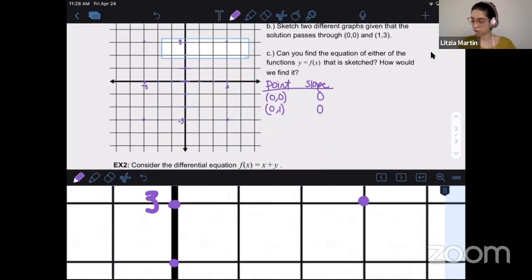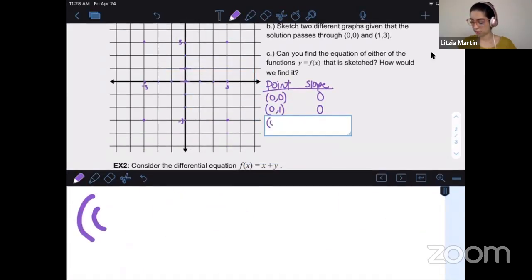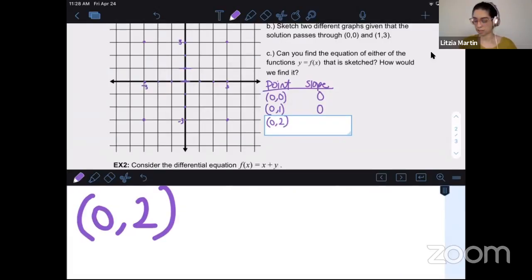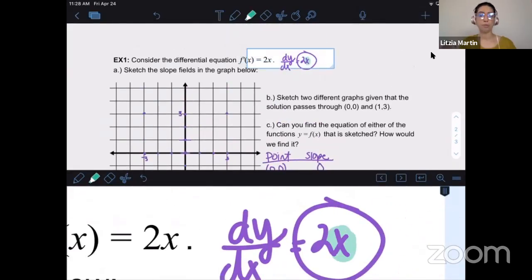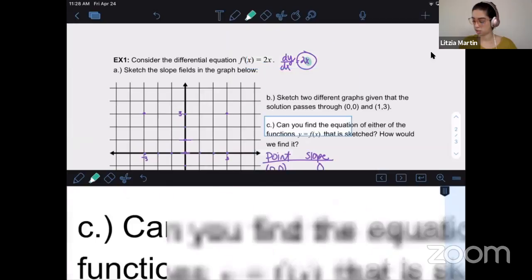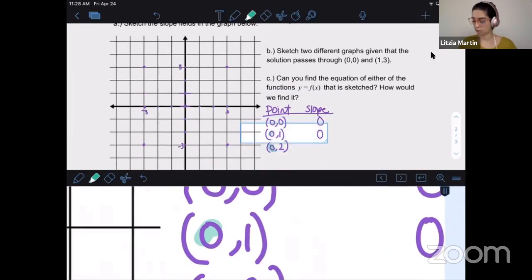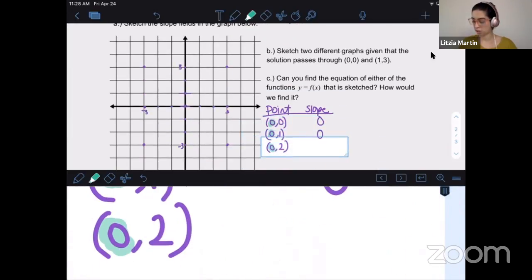So that means we still need 0, 2, which means we're still going to have a slope of 0 because of this x coordinate. Our derivative is only affected by x. So if these all have the same x coordinate, they're all going to have the same slope.